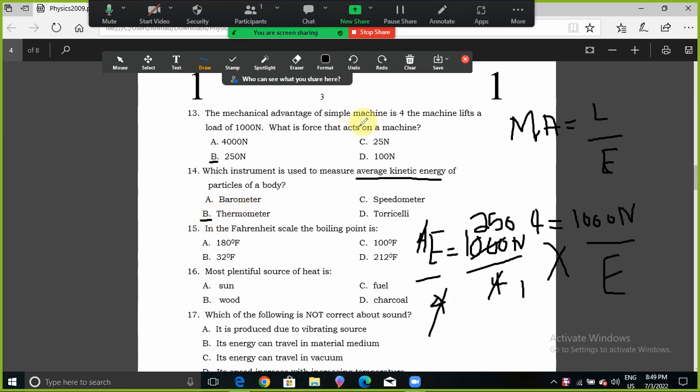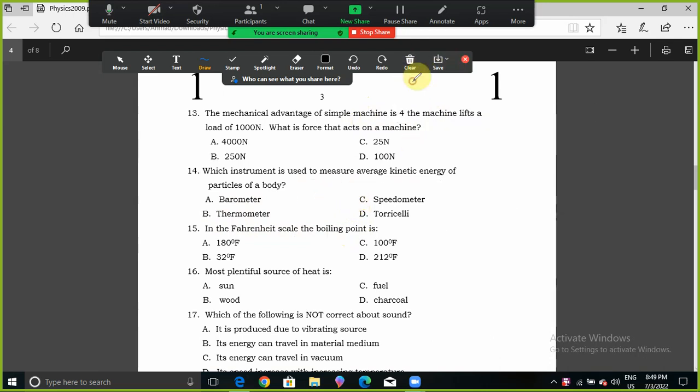Now in question number 15 it says, in the Fahrenheit scale the boiling point is what? Okay, first of all he says in the Fahrenheit scale the boiling point, right? We have boiling point and we have freezing point. So that means the boiling point is 212 Fahrenheit.